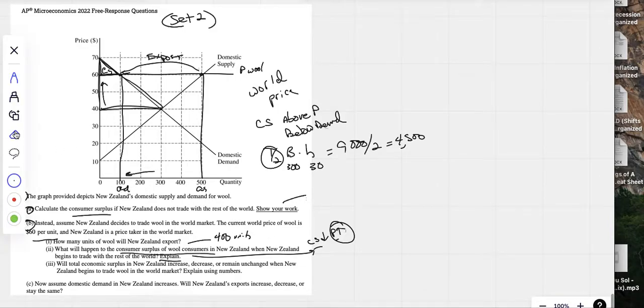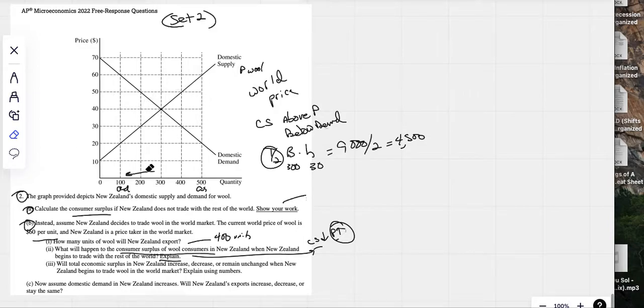All right. Will total economic surplus in New Zealand increase, decrease, or remain the same? When we're talking about total economic surplus, we're talking about producer and consumer surplus, right? So originally, the price was $40. All of this was consumer and all that was producer surplus.